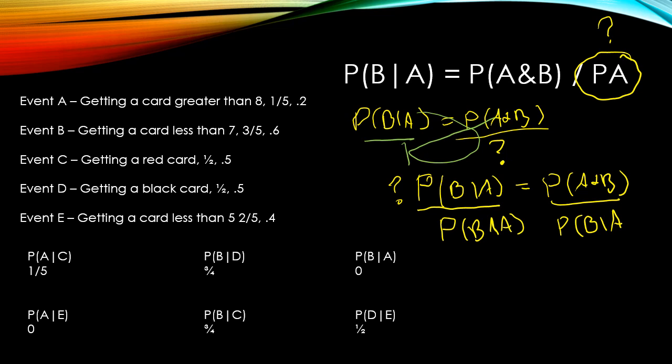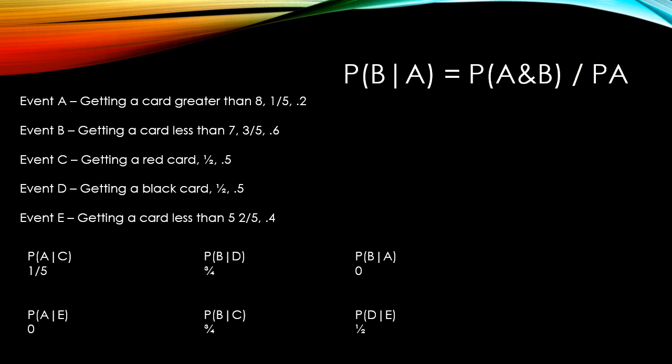And this is a helpful tip to keep in mind. We'll do one example really quickly. So let's say our question asks us to solve for the probability of A and C. And that's what we don't know, that's our unknown. But we're given that the probability of A given C is 1 over 5.